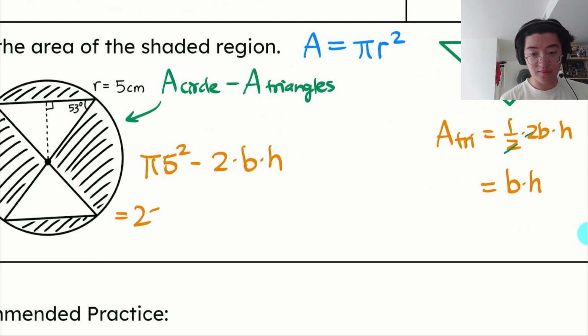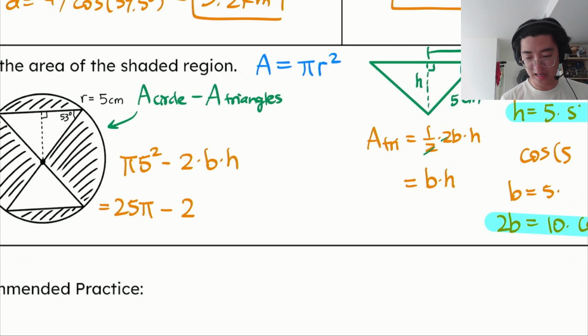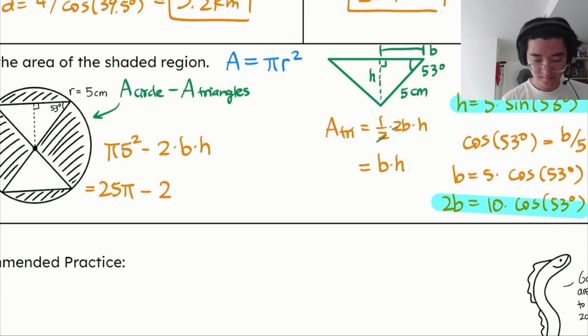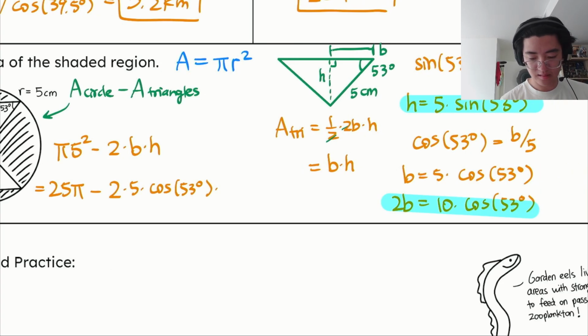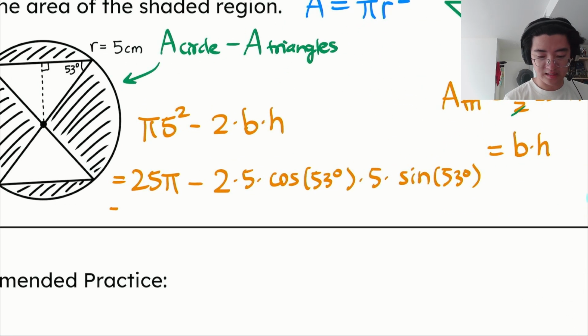So it's 25 pi minus 2 times the base times the height, which gets us 54.5 centimeters squared.